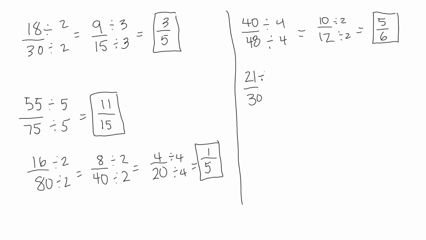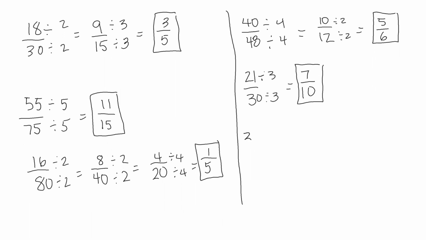That means both the numerator and denominator are, in fact, divisible by 3. 21 divided by 3 is 7. 30 divided by 3 is 10. It just so happens in this case, 3 is the GCF because 7 and 10 have no other factors in common. All right.